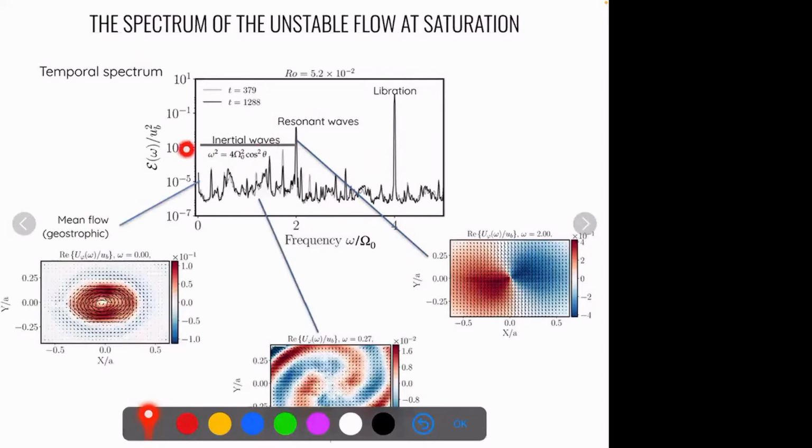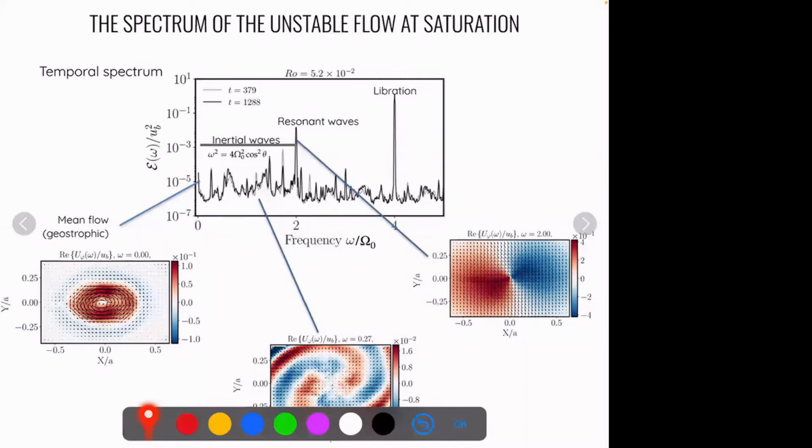In this range here, you have inertial waves, so their frequencies are bounded up to 2, and you can also extract them. And at 0 frequency, you have mean flows, which are called geostrophic modes, and they have the property to be invariant along the rotation axis, which is perpendicular to the plane of the slide.